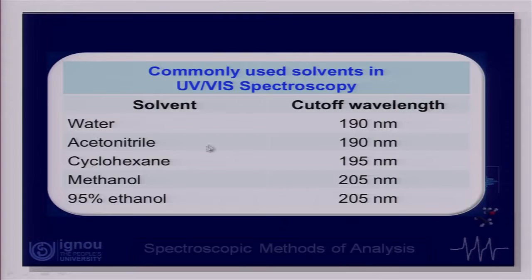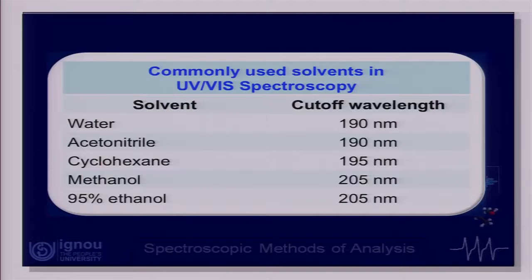Now, this gives me a list of some solvents which are used. Say water, the cutoff wavelength is 190. What it means is that if I am to make a measurement at a wavelength of say 170 nanometers to about 240 nanometers, then I cannot use water as a solvent, because at a wavelength below 190 nanometers water will start absorbing.